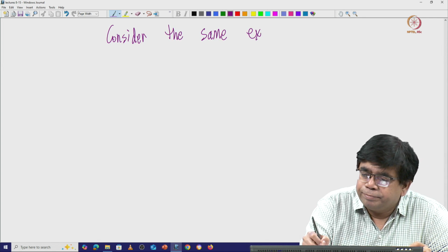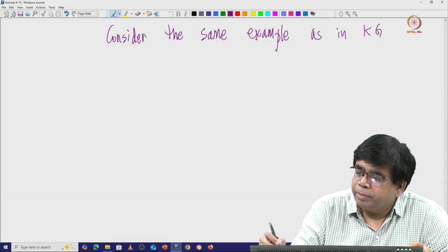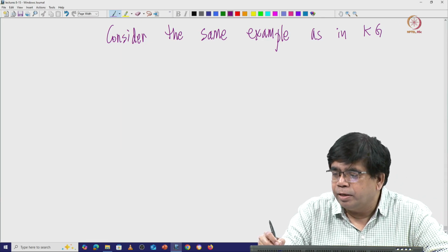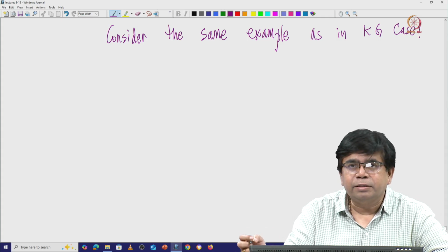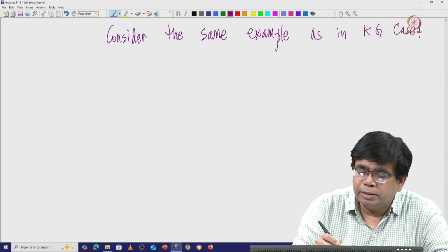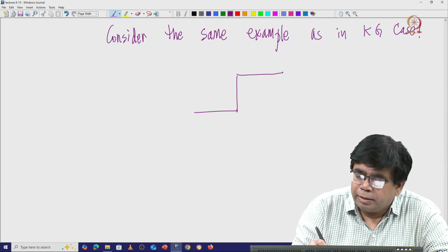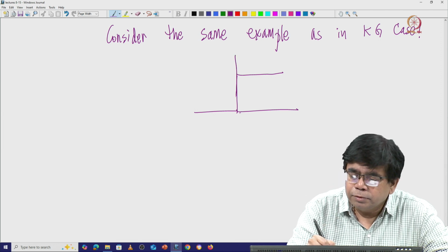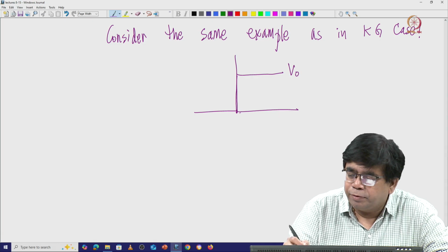Same example as in the Klein-Gordon case. So in the Klein-Gordon case, what we did was we considered a step potential centered at x equal to 0, so we had a potential V0.